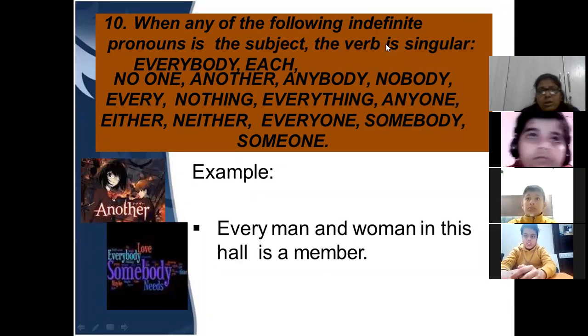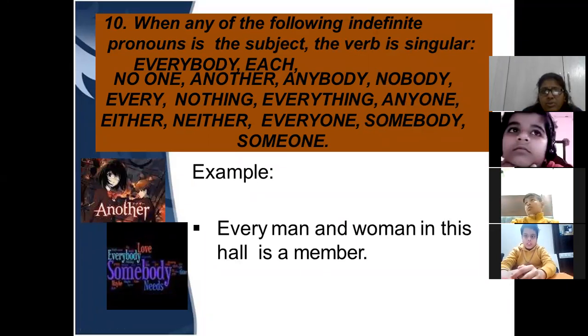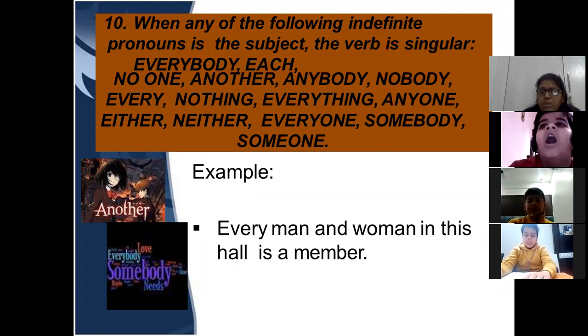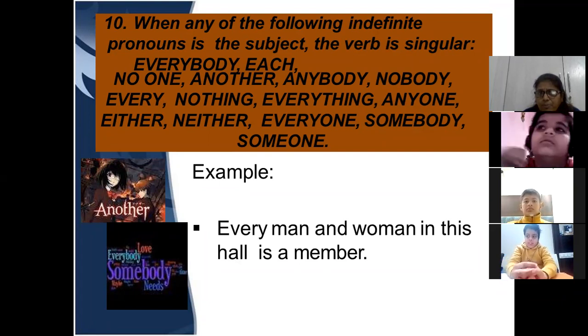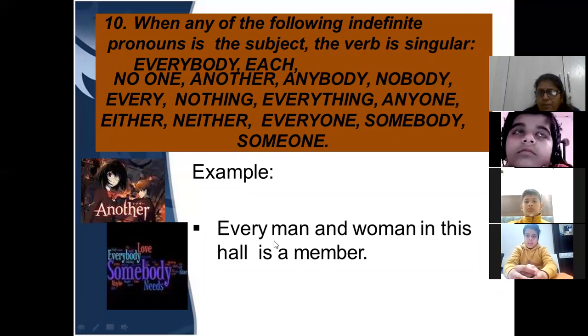Now, if the pronoun is the subject, the verb is singular. Whenever there is a sentence starting with everybody, each, no one, another, anybody, nobody, every, nothing, everything, somebody, someone, it means we are taking the verb as singular. Like, every man and woman in this hall is a member.